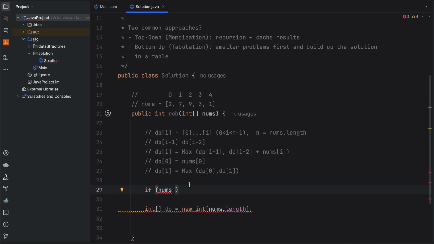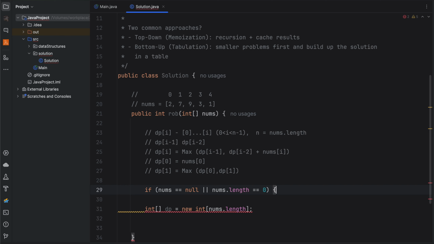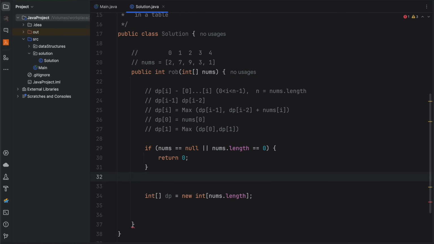And if they say they are fine not to add these validations, you can simply skip them. I can add some of them. So let's say if nums is null or nums.length is 0, we can return 0 in that case. There are no houses, and therefore no money to be taken.